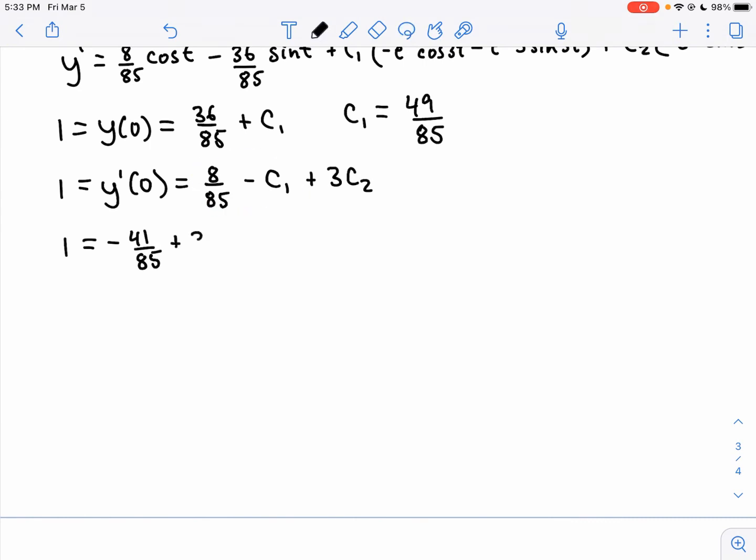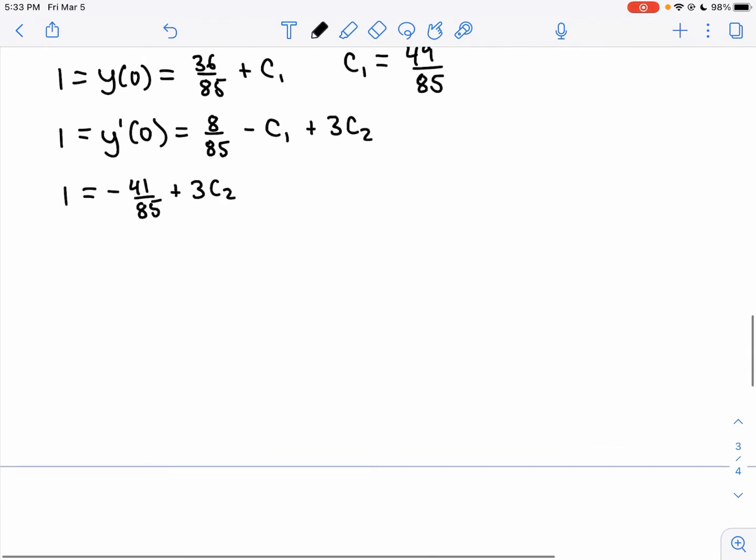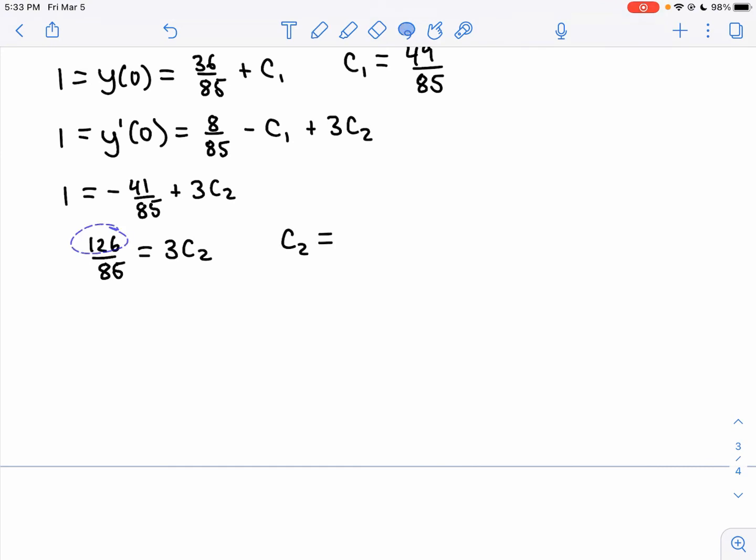Then we have plus 3c2. I'm going to add this 41/85 to this side. So that's 85/85 plus 41/85. So we have 126/85 is equal to 3c2. Therefore, c2, divide that by 3. And it turns out that 126 is divisible by 3. We get 42. So we get 42/85 is c2.